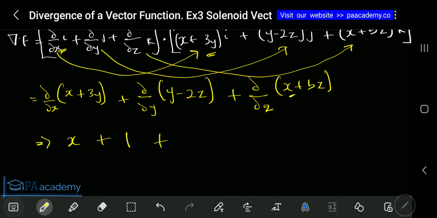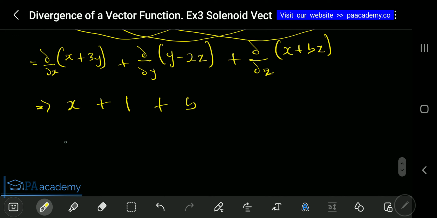The x will be 0, and if you differentiate bz, it's going to give us b, because b is just a constant there. Is that good? So that means our div of F is giving us 1 plus 1 plus b. Sorry, the first one is 1, not x, because if you differentiate x, it's going to give us 1, not x. Exactly, so this will be 2 plus b.